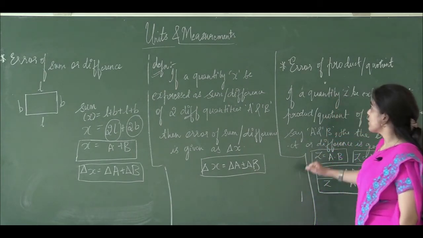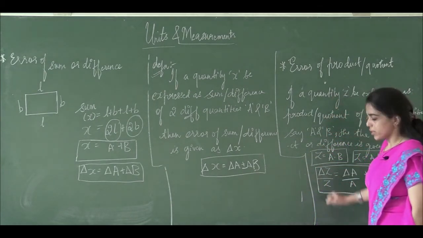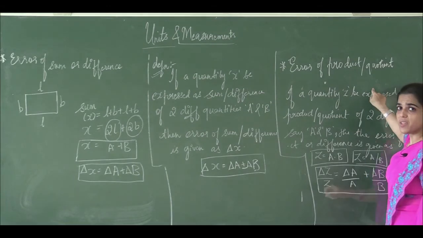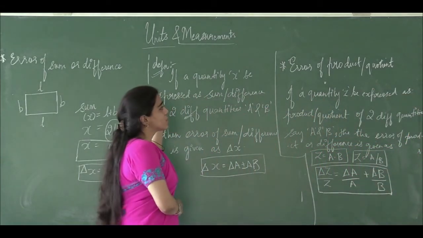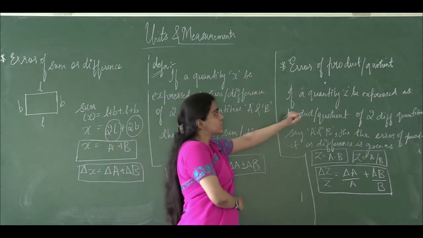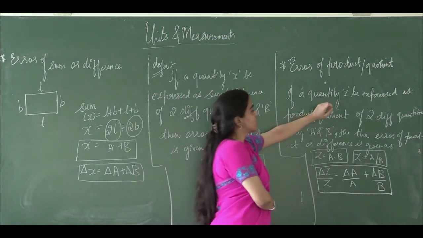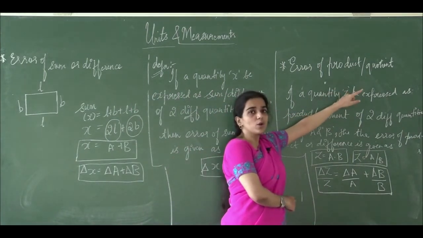The next error we have is the error of product or error of quotient. It is the same thing as the error of sum or difference, where instead of sum or difference we are considering the product or the quotient.